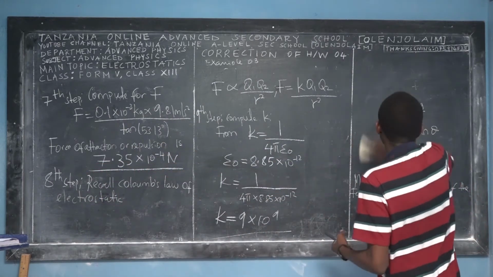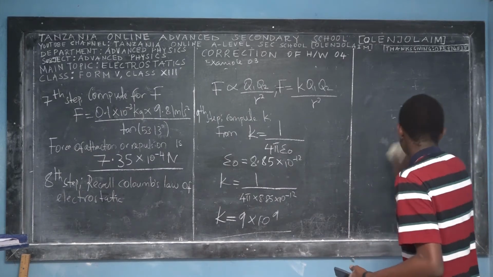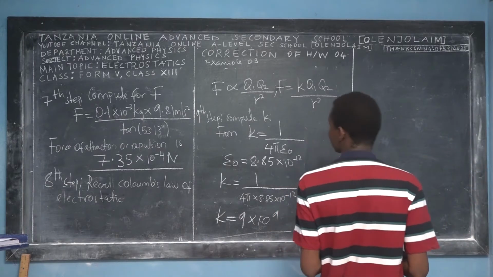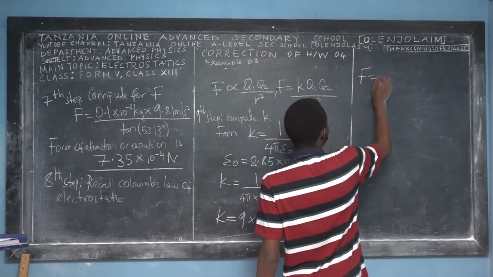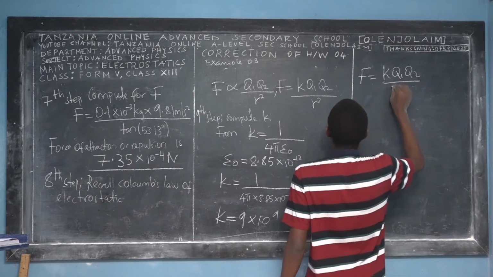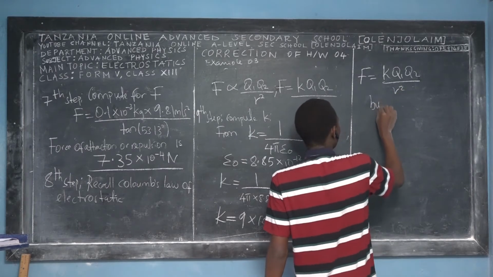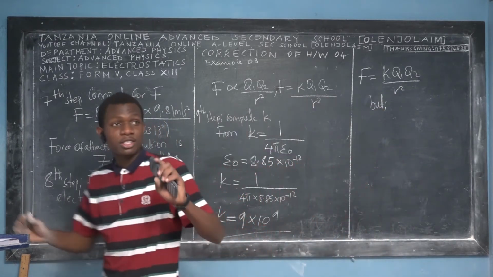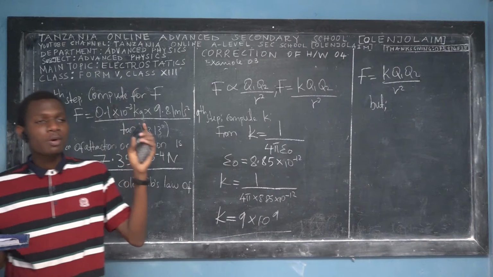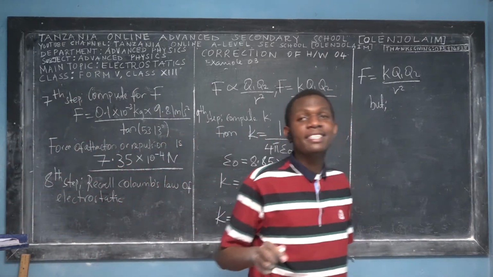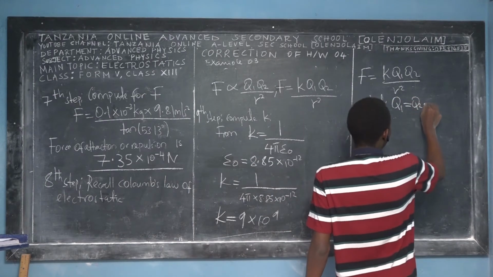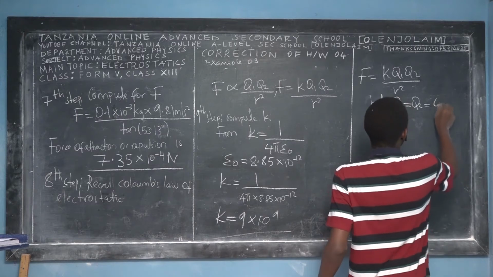So substitute the value of k into Coulomb's equation of electrostatic. Then force is equal to k q1 q2 over r squared. But from your question, you are told that the two small spheres have equal charges. That means q1 is equal to q2 is then equal to q.